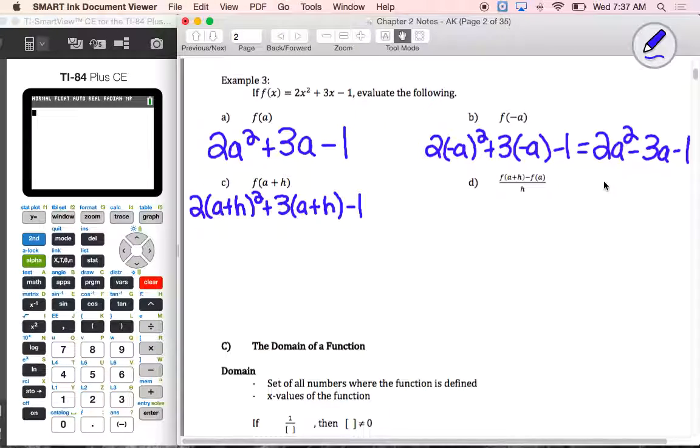Remember, a plus h squared means there are 2 of them. So you cannot say it's a squared plus h squared. So if you want to, you could multiply your a plus h's together first, and then multiply by 2.